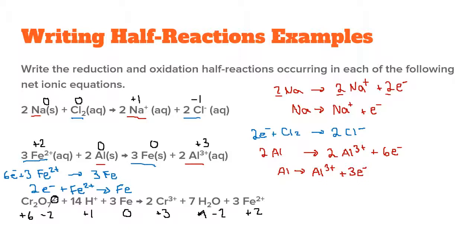So we can see here that the chromium is being reduced from +6 to +3, and the iron is being oxidized from 0 to a +2. So we'll start with the iron, that oxidation reaction, and we have 3 neutral iron atoms producing 3 Fe2+.